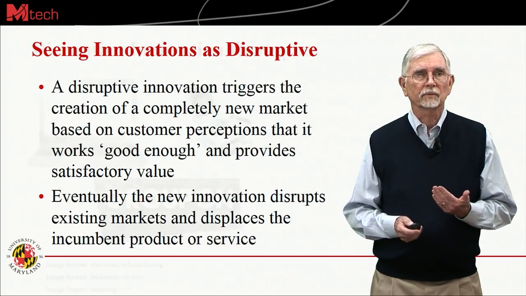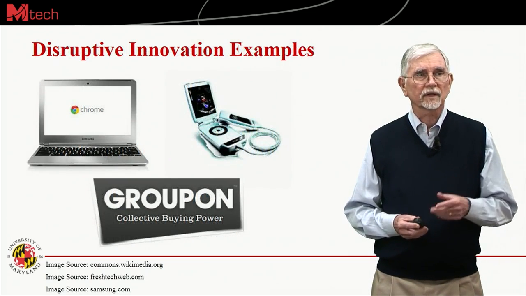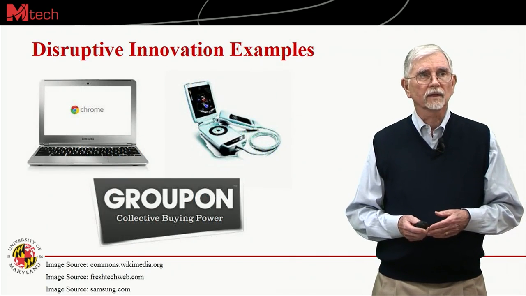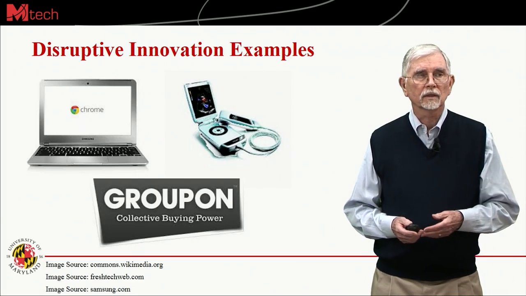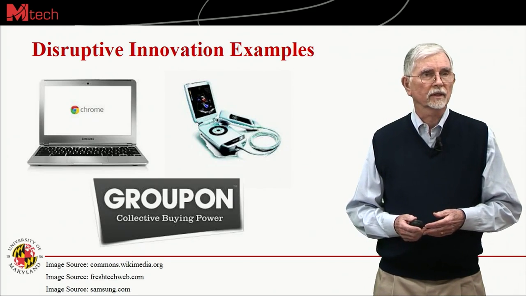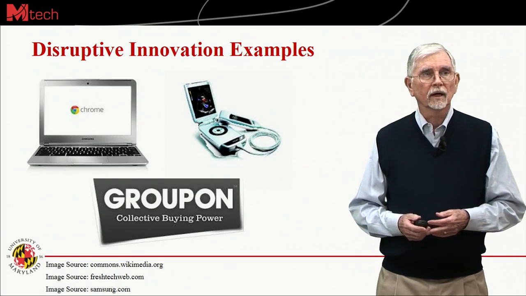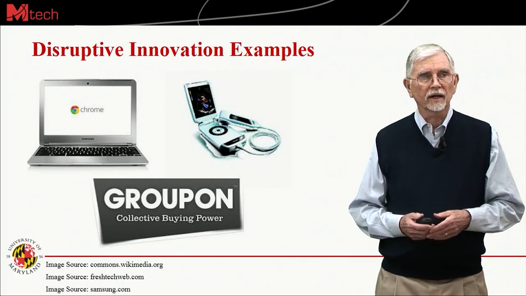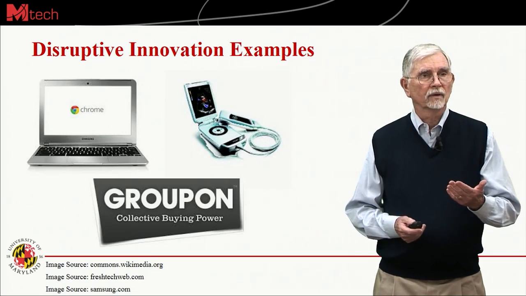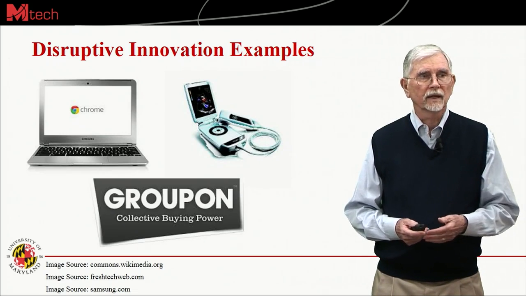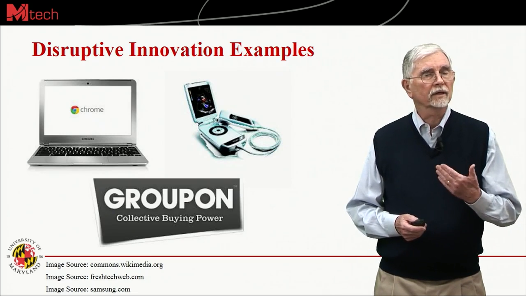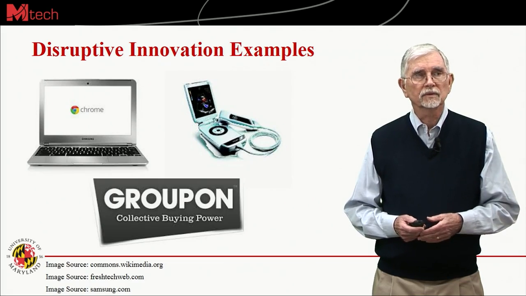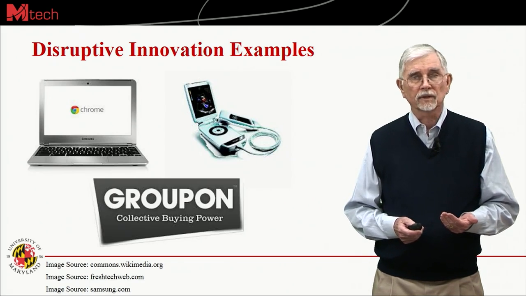That's how it becomes disruptive. Some examples would be a Chromebook, a very low-cost computer that I think is available to almost everybody, a medical device, or even Groupon, which many people now use as a basis for how they do their shopping. These are very disruptive ways in which shopping happens.